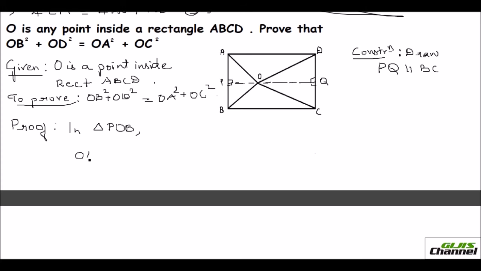Oh sorry, I got messed up. Yeah, so OB square is equal to PB square plus OP square. This I take as equation 1.